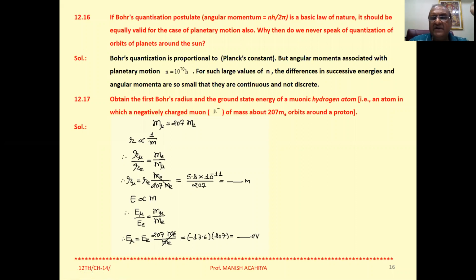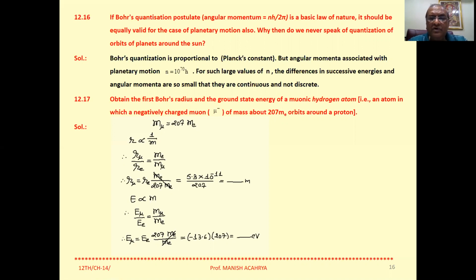In one example, we already calculated it. Now, if n is large, then energy calculations will give you the energies in successive energy levels, or states or orbits, with very small differences. It implies that the angular momenta can be treated as continuous, not discrete.